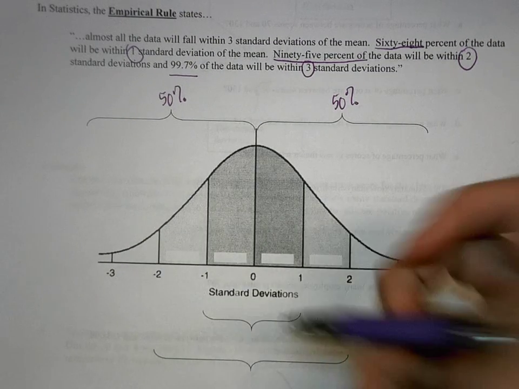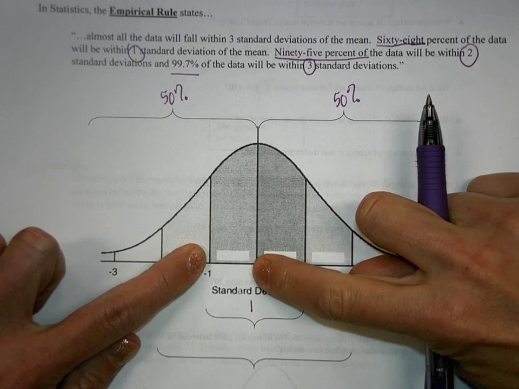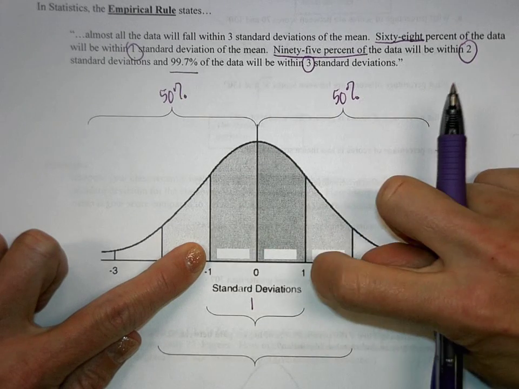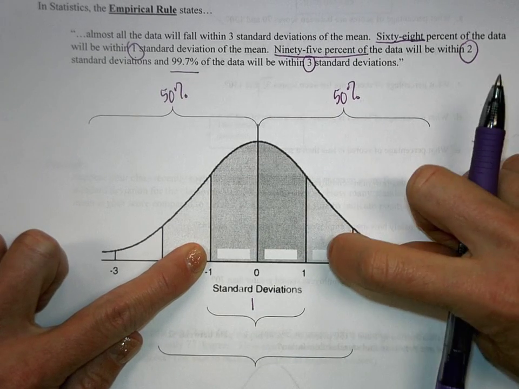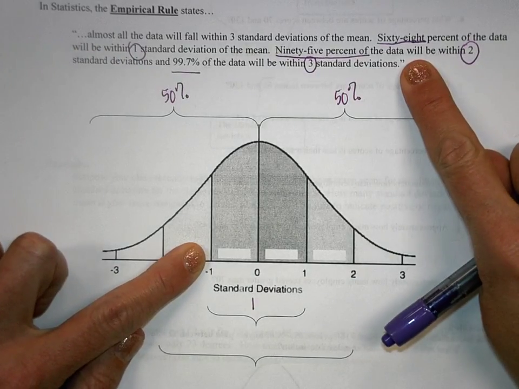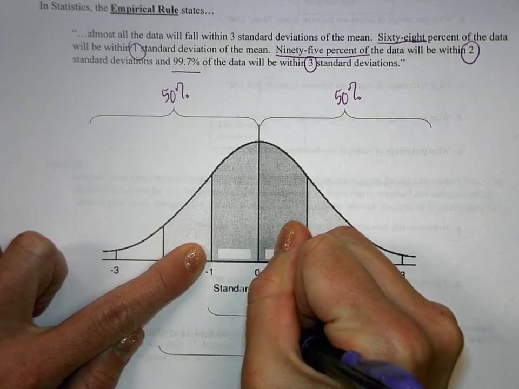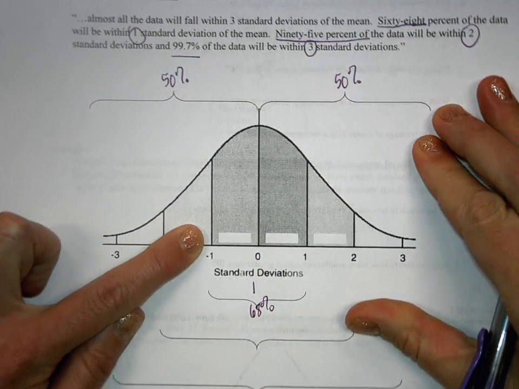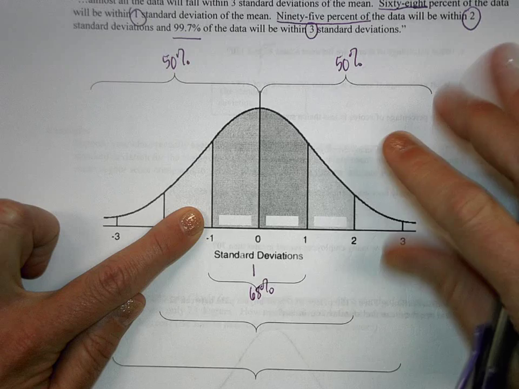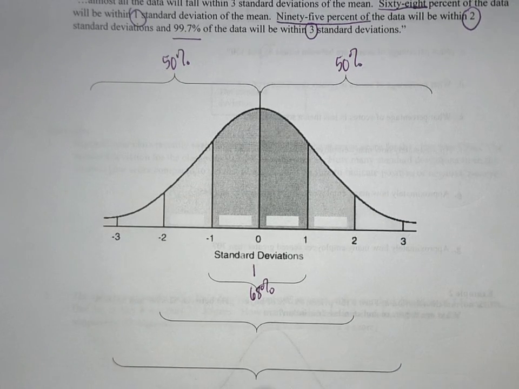Now, they told us, and right here, this is 1 standard deviation. So you can go 1 standard deviation in both directions, okay? And if you look back up here with our empirical rule, 1 standard deviation was how much? 68%. And so if you're splitting this up, we would take 68, cut it in half.